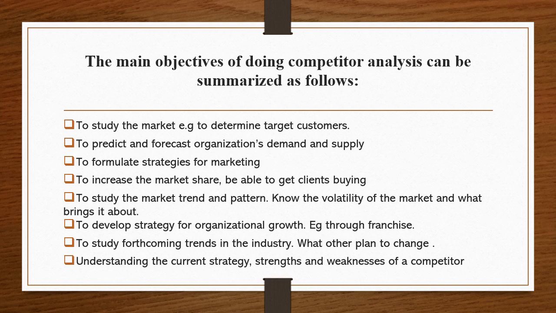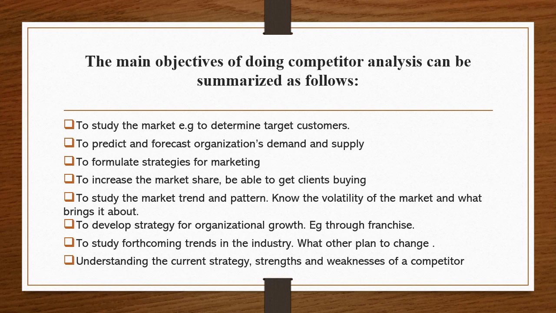So through carrying out competitor analysis, such information can be got, and now a certain business may adjust accordingly. For example, when to put more products on the market and when to reduce the supply so as not to waste resources.